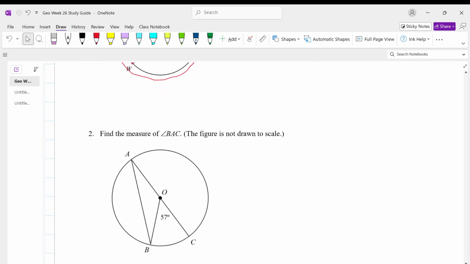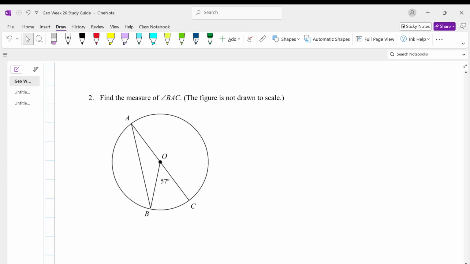In problem number 2, you're asked to find the measure of angle BAC. All right, angle BAC starts at B, goes to A, and comes back up to C. So it's this angle right here. It's that angle.